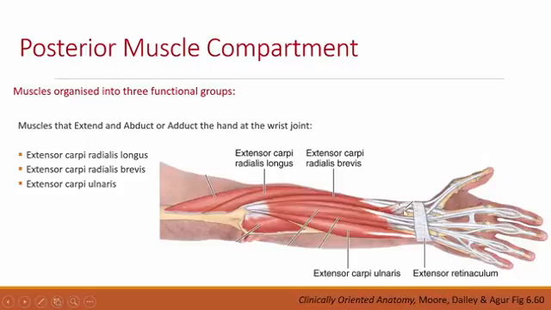You'll also see that our extensor carpi radialis longus and brevis are found running lateral to the wrist joint as well as posterior, so these will help in or assist in adduction at the wrist. And our extensor carpi ulnaris running medial to the wrist joint and posterior will also assist in adduction.